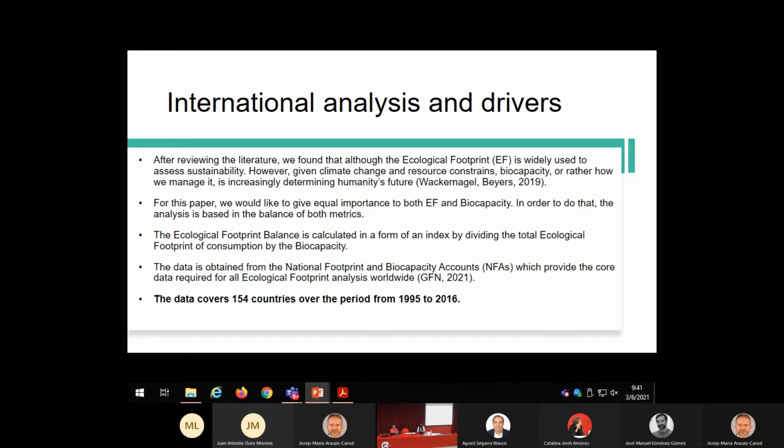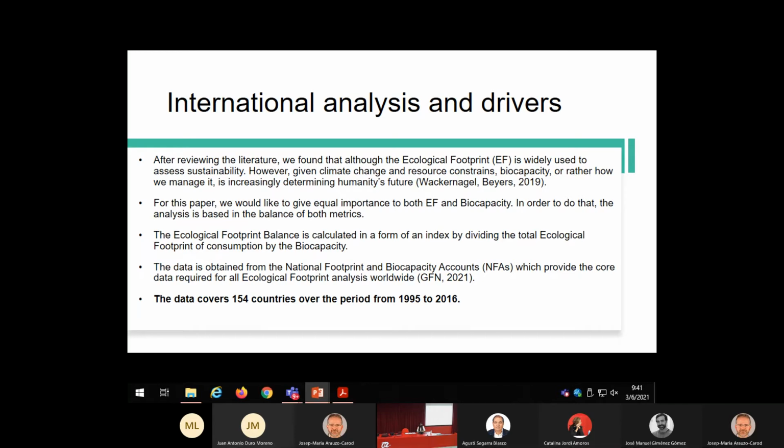So, as I mentioned, the ecological footprint is widely used. However, given the climate change and resource constraints, biocapacity, or rather how we manage it, which is the supply of resources, is increasingly determining humanity's future. So because of that, the metric that I'm going to use is the ecological footprint divided by the biocapacity, which is the ecological footprint balance.